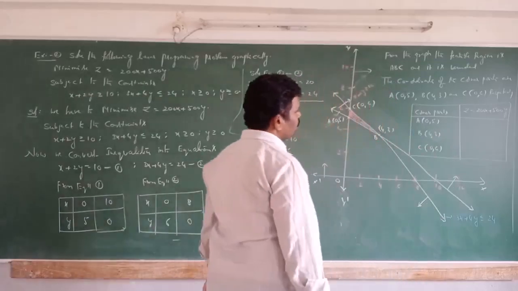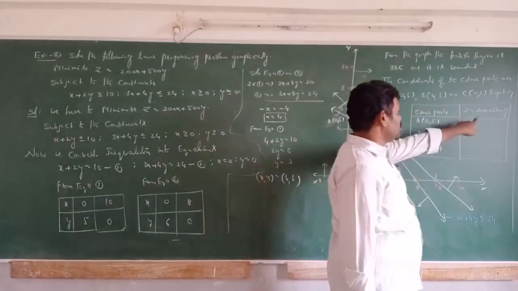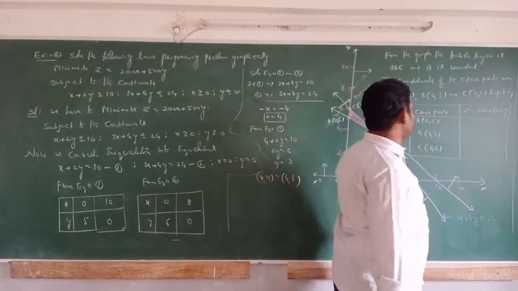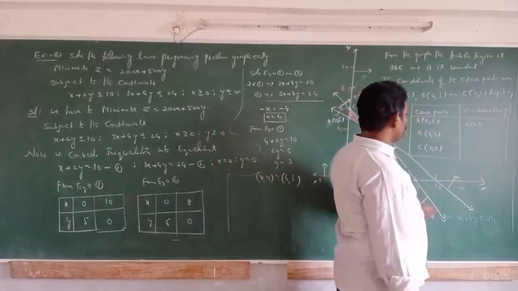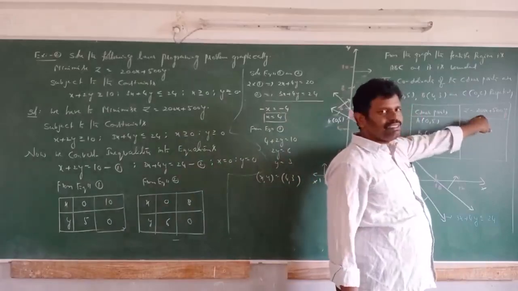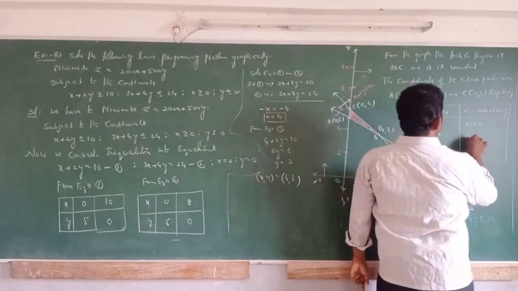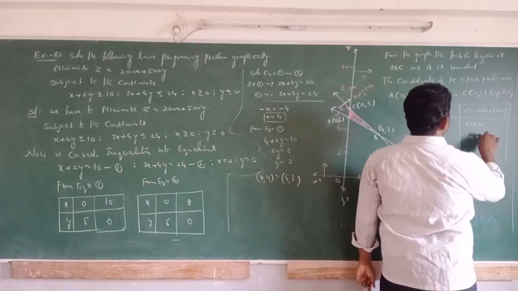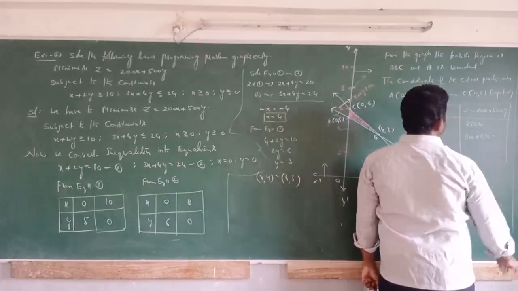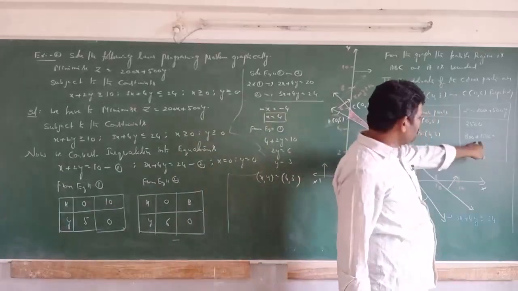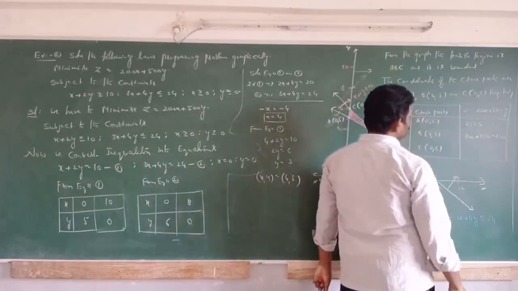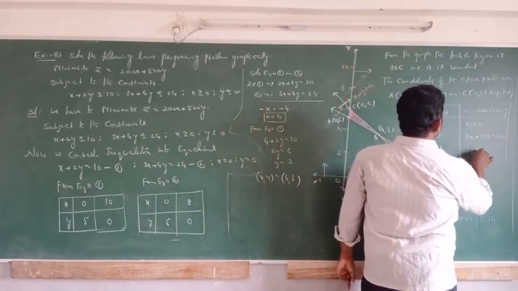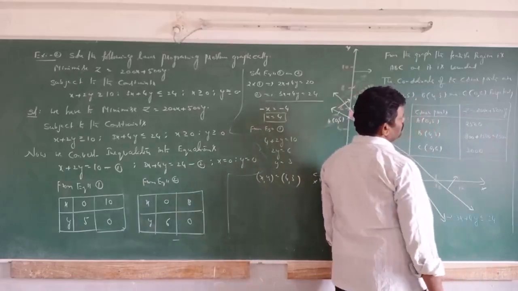Okay? First, (0, 5) substituted means this value becomes 0, so 5 into 500, 2500. Next, (4, 3): 4 substituted means 800, plus 3 substituted means 1500, that is 800 plus 1500, which is 2300. Next, (0, 6): 6 into 500 means 3000.